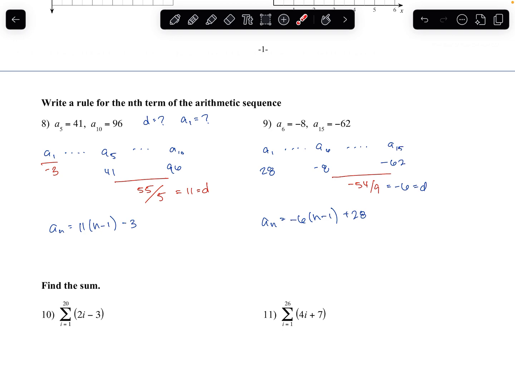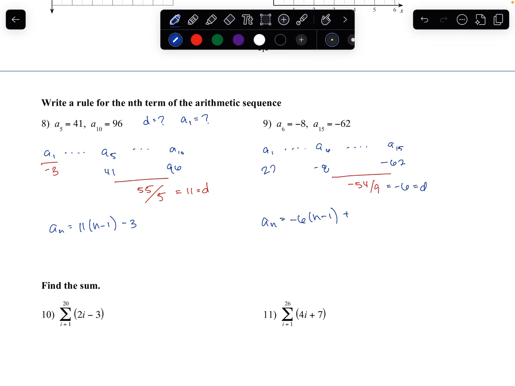Oh, I did 6 times 6, not 5. Okay, so that's where it's wrong. That's not 28. There are 5 terms here, and I did negative 6 times 6. So negative 6 times 5 is negative 30, not negative 36. So if I do negative 8 plus 30, I get 22. So 22 is my first term.